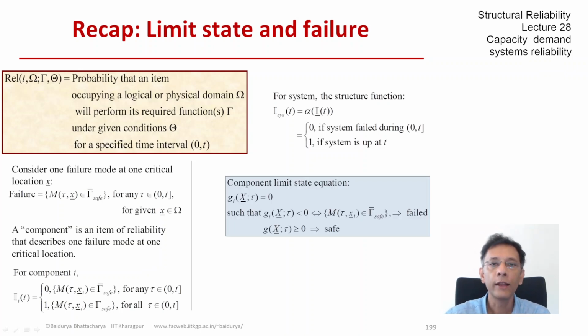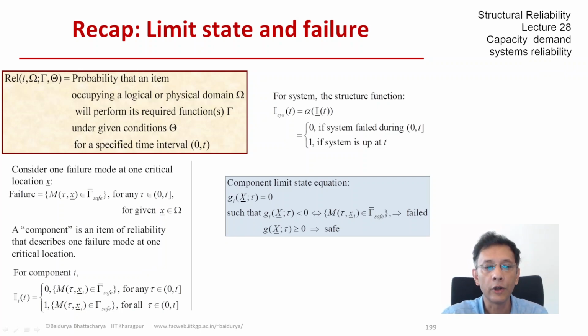Now when we have a physics-based or mechanics-based approach to failure, we have function g, which is equivalent to the margin function m that we were talking about. If g is less than 0 for that component, we have failure.